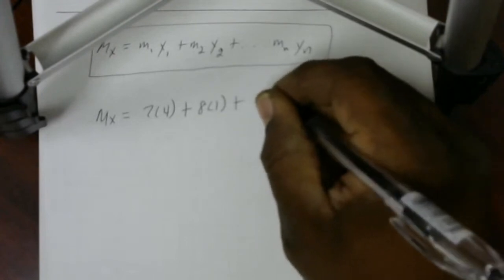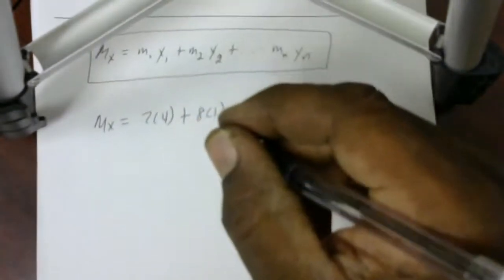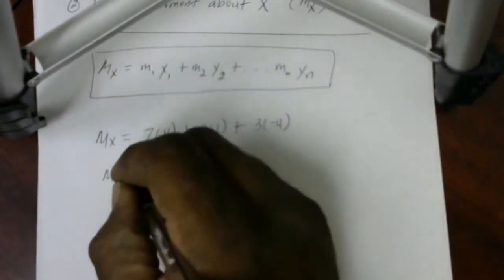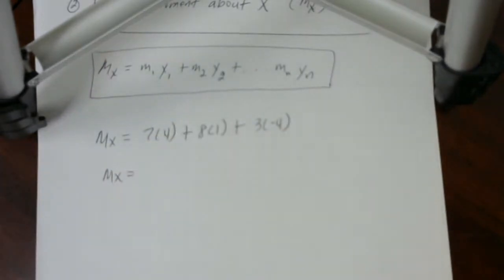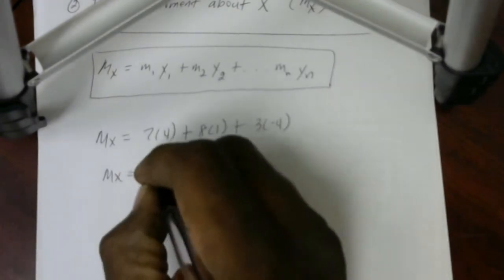So that's 3 times negative 4. And if we multiply all those things together, we have 28 plus 8 plus a negative 12, which is 24.